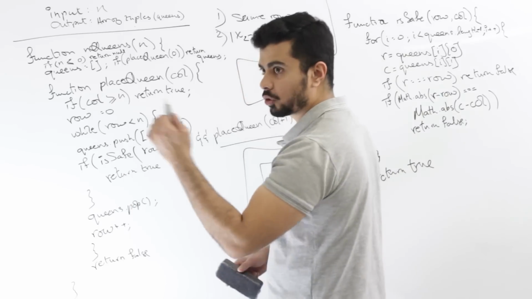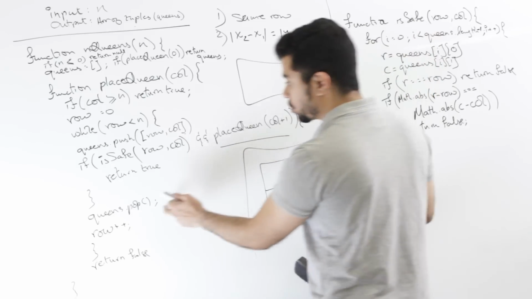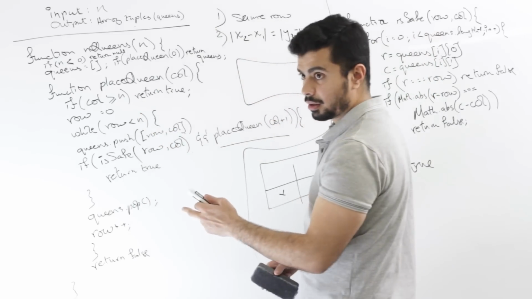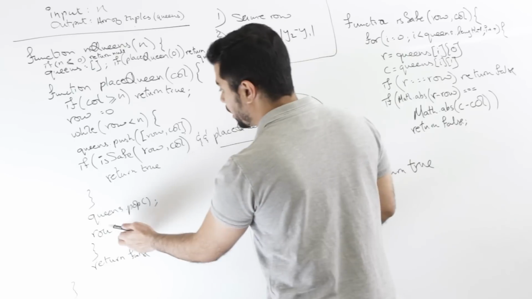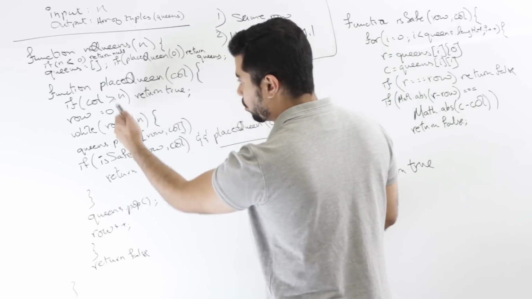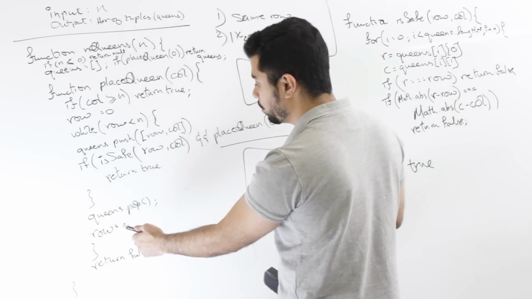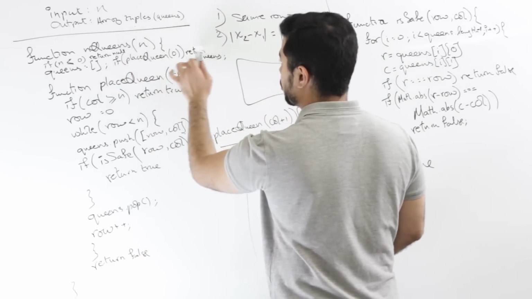So now let's go back to column 0. This one is going to return false, so it'll pop it from the array. So now we have an empty array again. Then it'll increment the row. It's not going to continue with the while loop, and it'll return false itself. So eventually this is going to return false.